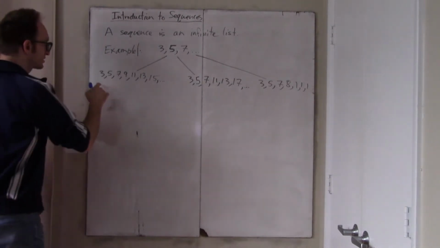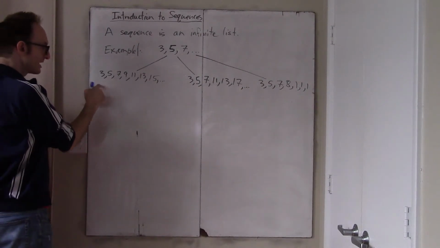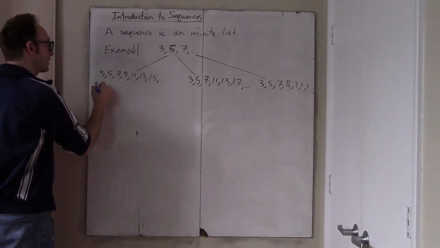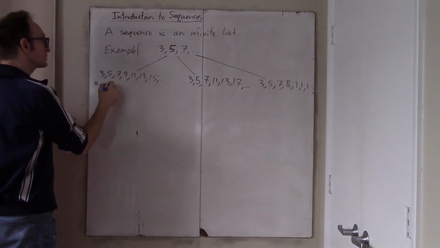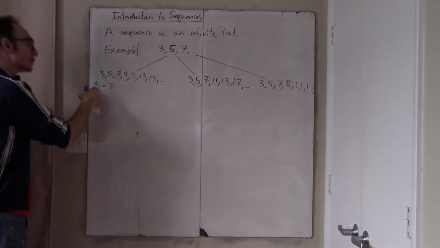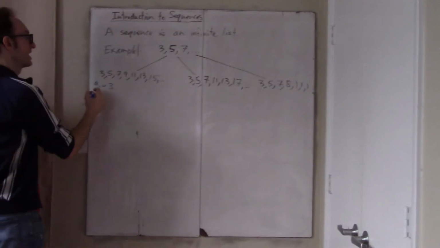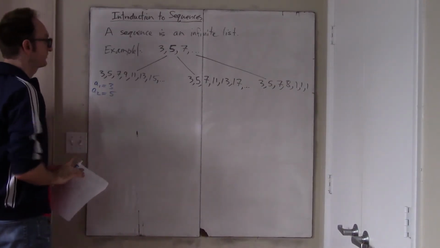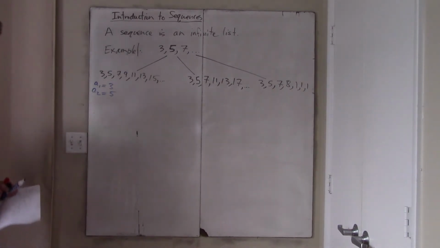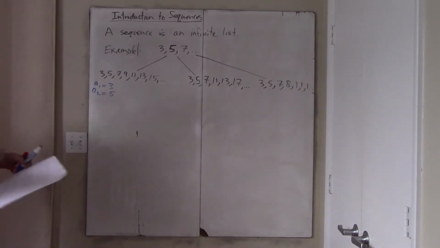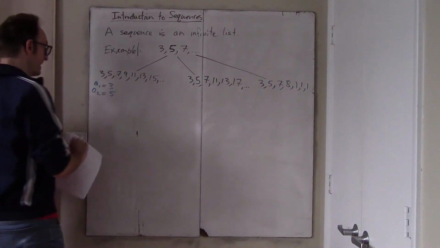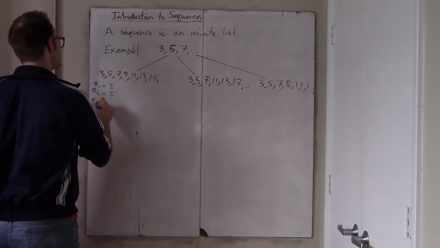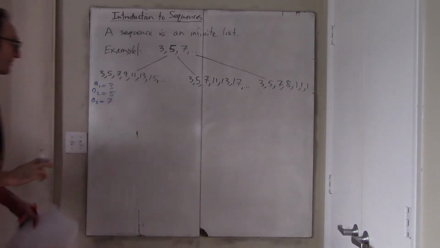So if we want to describe this sequence more carefully, we might say something like, A1 is 3, which is to say the first term of this sequence is 3. The second term of this sequence is 5. The third term of this sequence is 7, something like that.